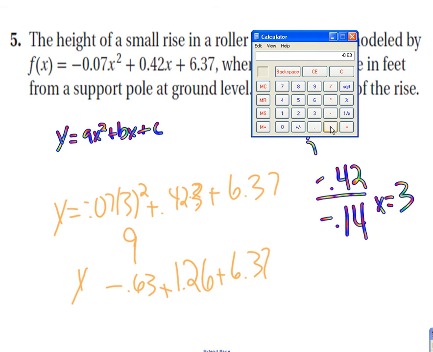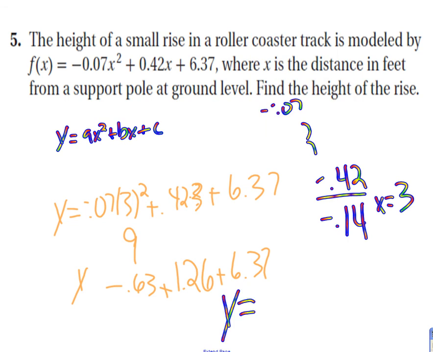Negative 0.63 plus 1.26 plus 6.37 equals 7. So what is the vertex? 3, 7. Which way does our graph open? Down. So how many zeros would we have here?